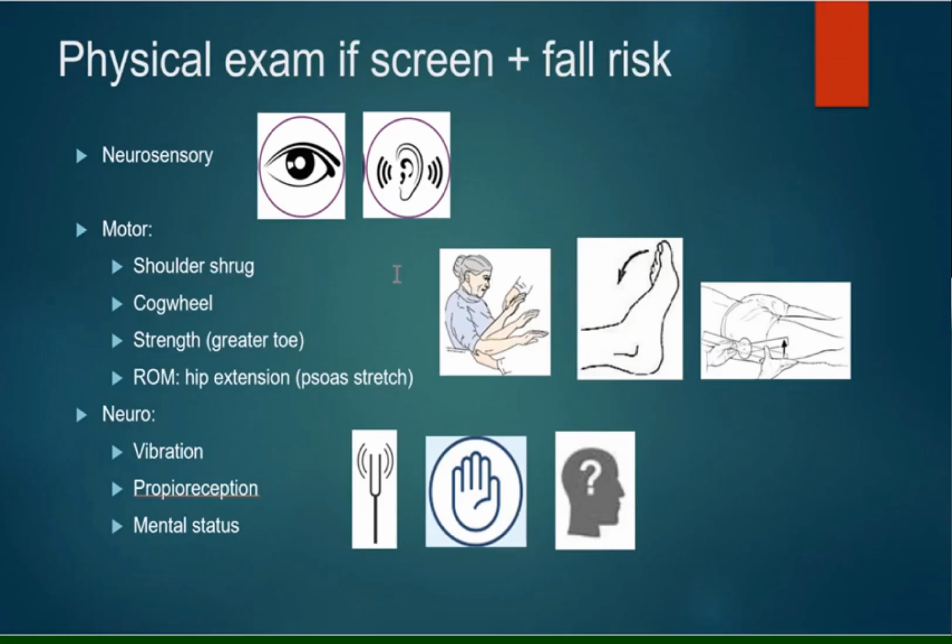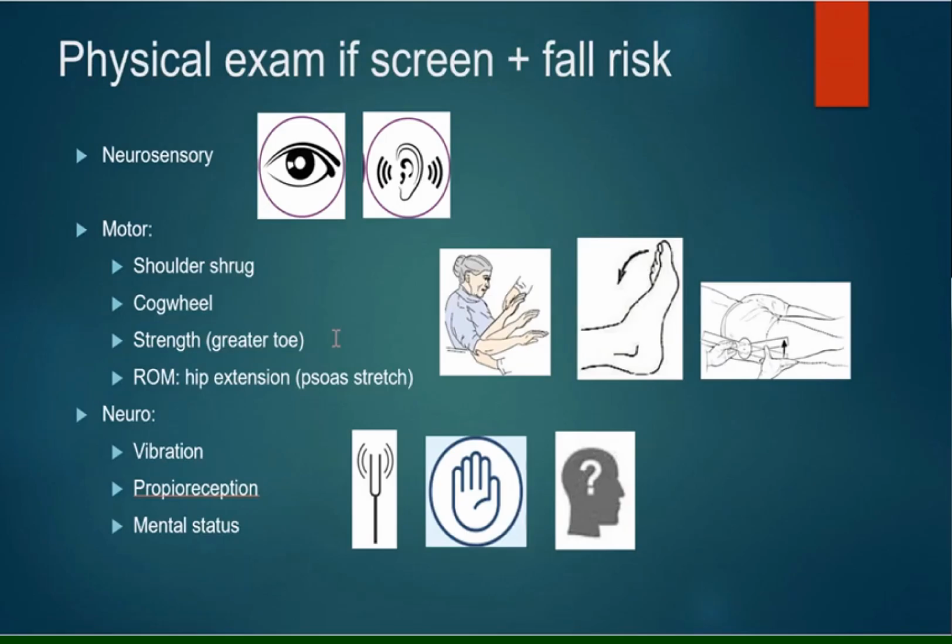I also look for bilateral or unilateral cogwheeling that might suggest that the extensor muscles have been disrupted by either a stroke in the midbrain or through Parkinson's disease. In terms of strength, all muscle strength should be evaluated, and I particularly focus on the flexion extension of the greater toe to look for L5 and S1 radiculopathies that are often underreported.